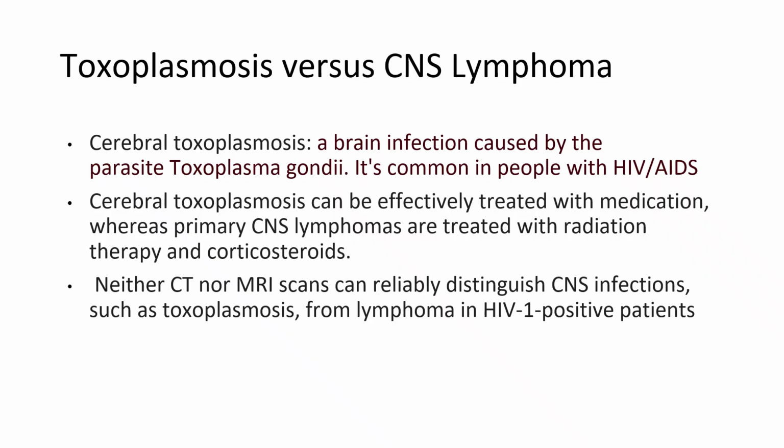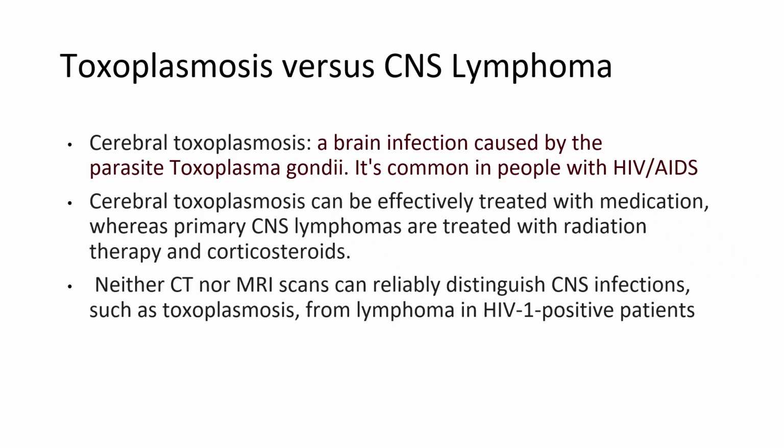Cerebral toxoplasmosis is a brain infection that's caused by a parasite. It's common in people with HIV and AIDS because they have a decreased ability to fight those things.